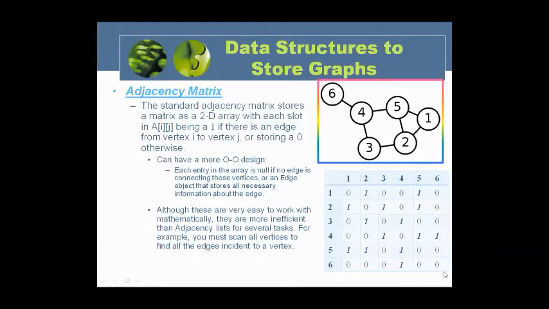What number? What vertex? Vertex 4, right? Because vertex 3, 2, 1, and 5 have no connection with vertex 6. Got it? Getting the matrix? Yes. Okay, very good. So, continue.